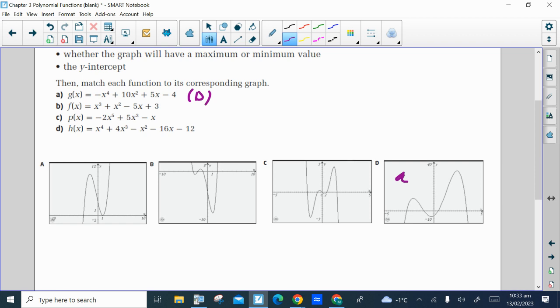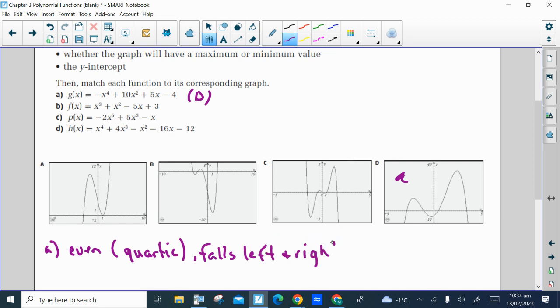So again, when we talk about the characteristics for equation A, it's an even function, or quartic in this case. That graph falls left and falls right. So we can say it falls left and right. There's a maximum of 4 x-intercepts.